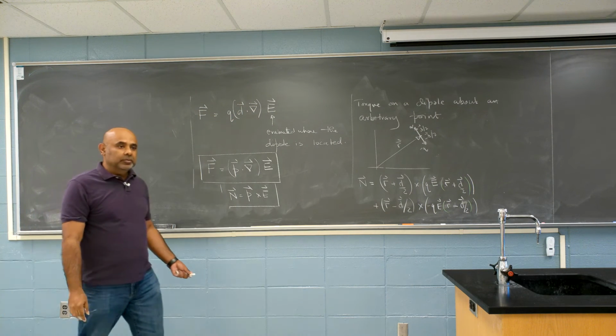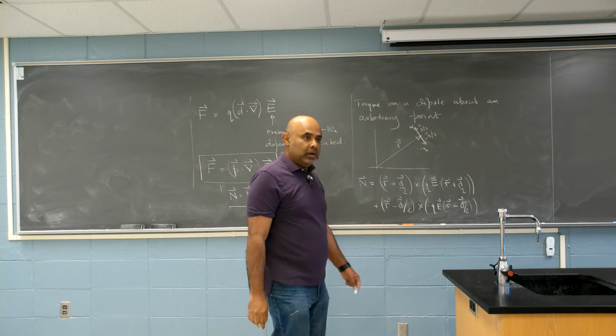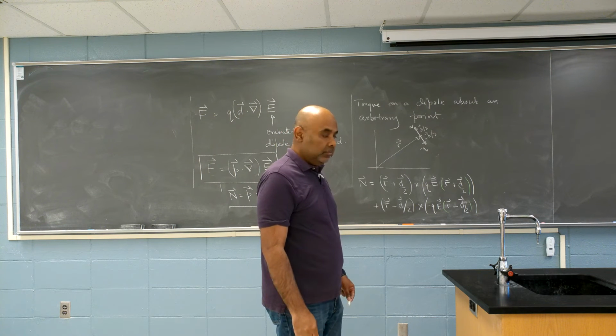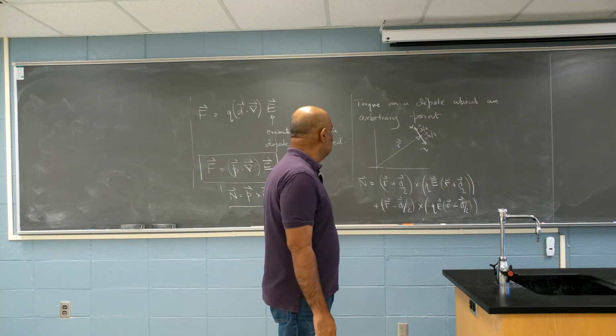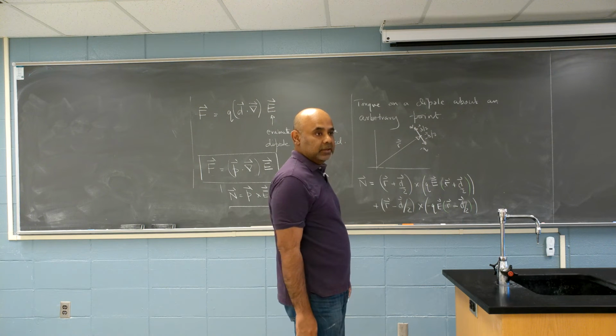So what do I need to do? Are we carefully making R perpendicular to the wing? No, that was totally accidental.